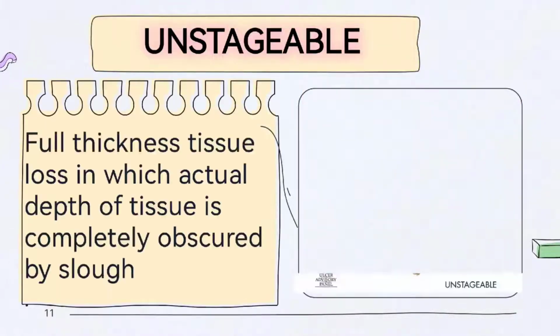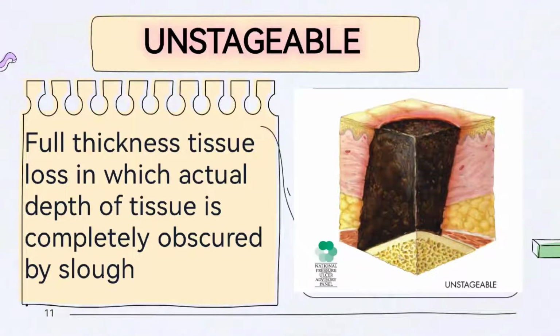Now let's talk about unstageable. What is unstageable pressure injury? Unstageable pressure injury is basically when you cannot see the wound bed. You cannot see how deep it is. We don't want to assume the depth of the wound for as long as it is covered.